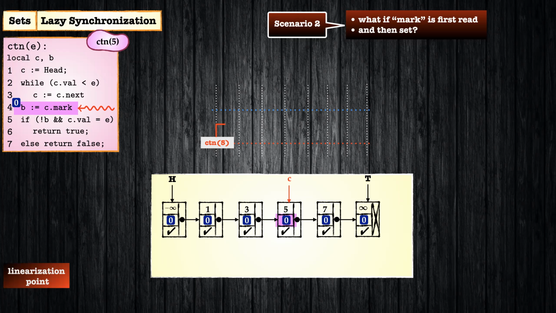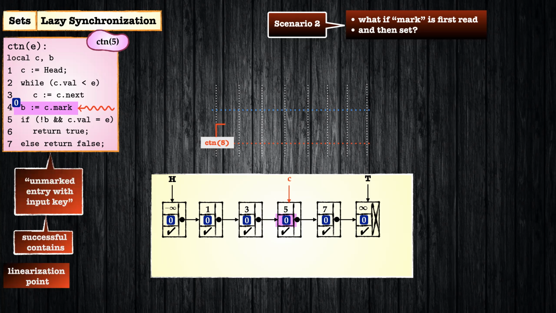But if you do it at line number 4, you know that your linearization point is here: a successful contain, unmarked entry with input key. So you have found the cell with the input key, which is 5, which is unmarked, that is, the mark flag is 0. So this will be a successful contain, and this is my linearization point.